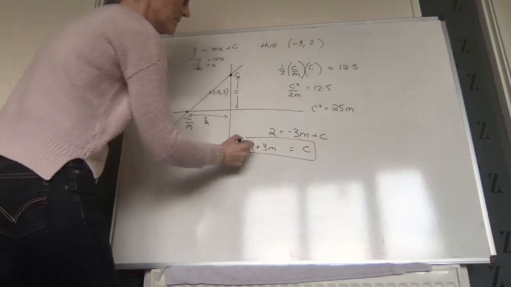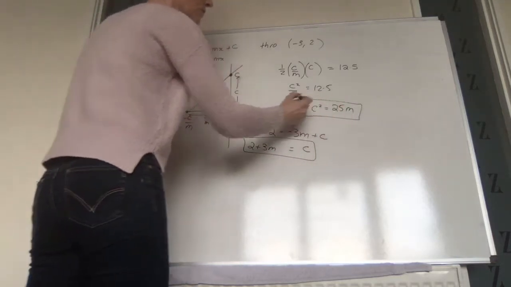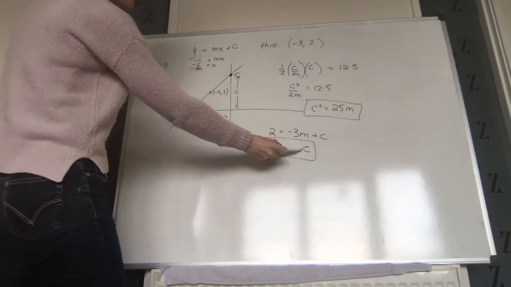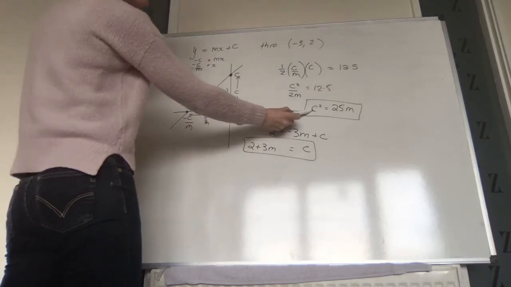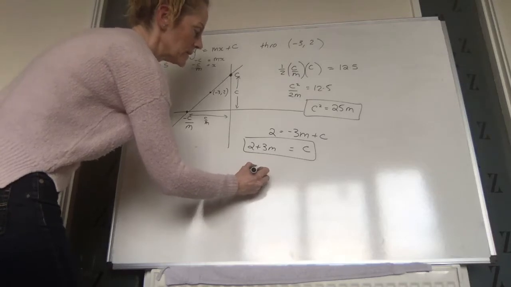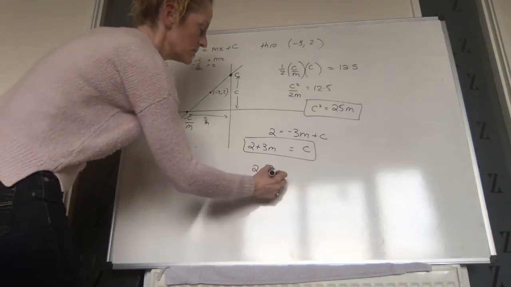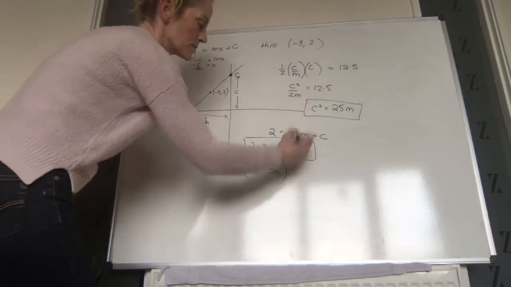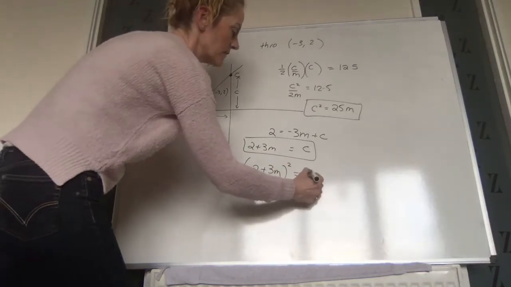Now we have two pieces of information and two unknowns, so we can solve. We've got c in terms of m, so we'll put it in there: c squared, so (2 plus 3m) squared, is equal to 25m.